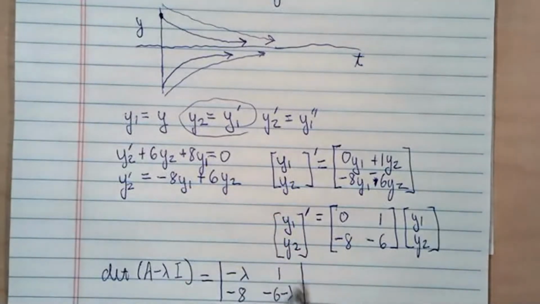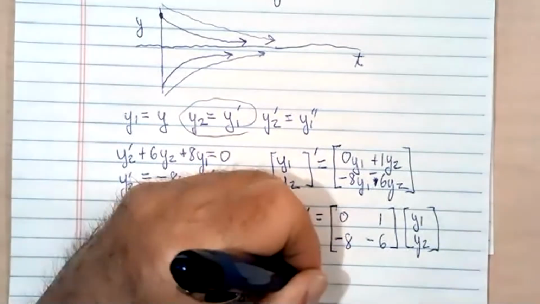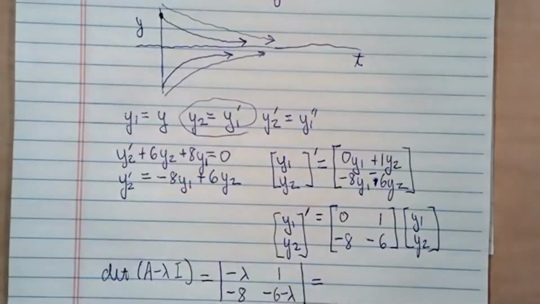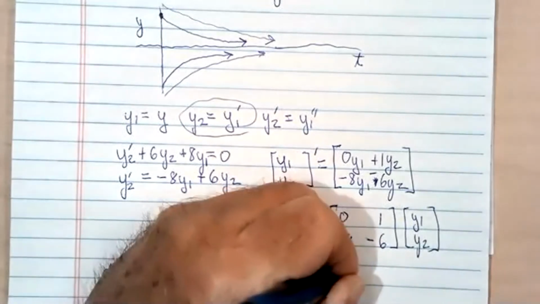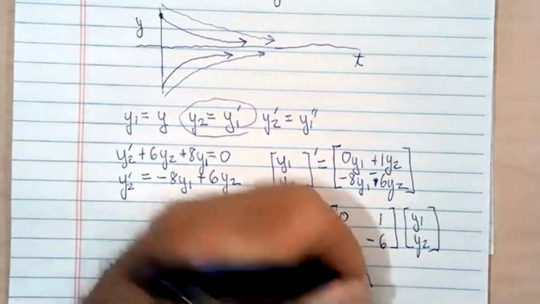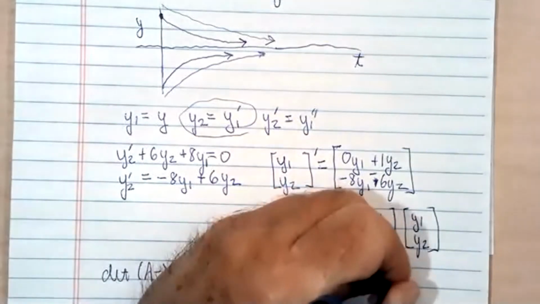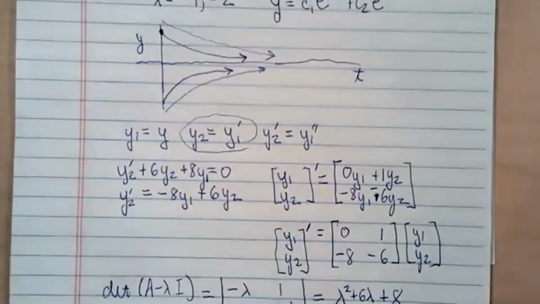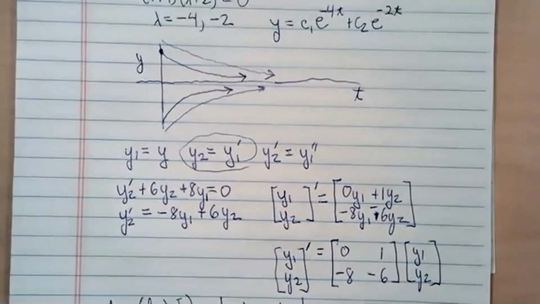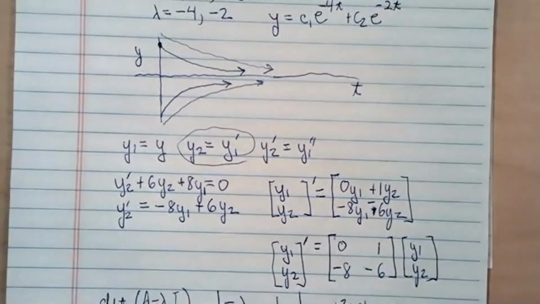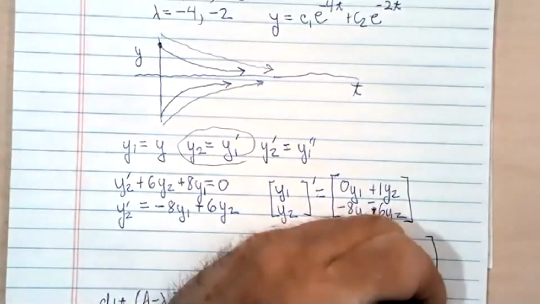Or you could write det with square brackets, whatever you like, that's correct. Then when I take this product, I get lambda squared plus 6 lambda. And I need to subtract this product, which is plus 8. And behold, this should look familiar. Lambda squared plus 6 lambda plus 8, I set that equal to 0.